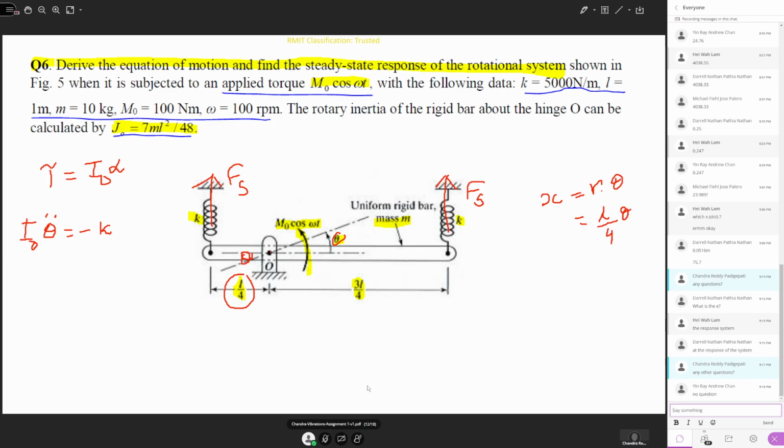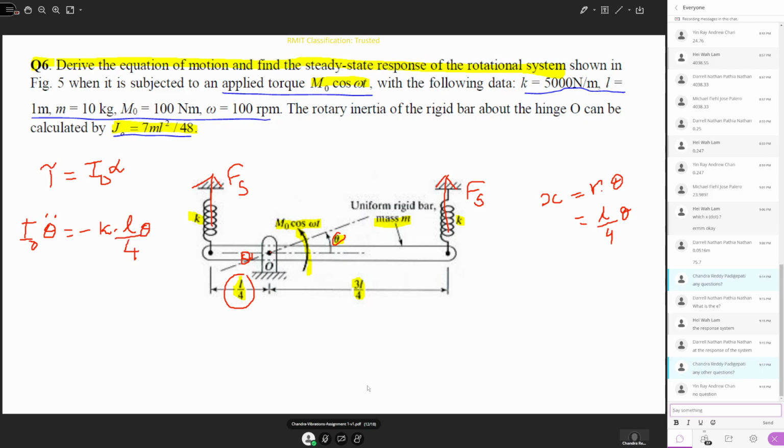So K into X is the spring force. What is the moment due to the spring force? The moment is force multiplied by the perpendicular distance. So you can write K X, and instead of X we write L by 4 into theta.